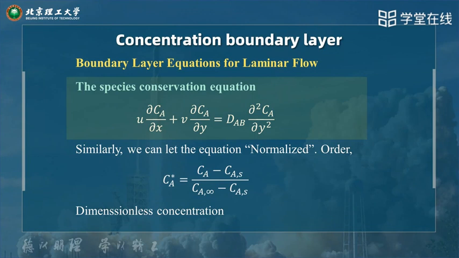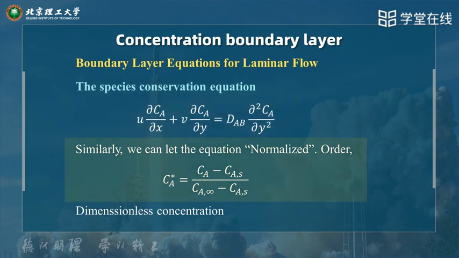We obtain it like this. This equation: u ∂CA/∂x plus v ∂CA/∂y equals D_AB ∂²CA/∂y². The species conservation equation is similar to the mass conservation equation and similar to the energy conservation equation.